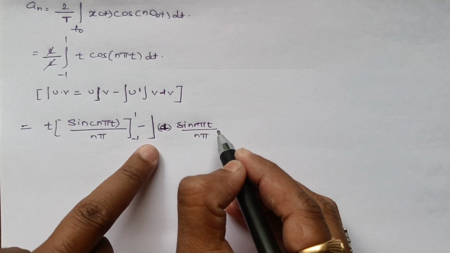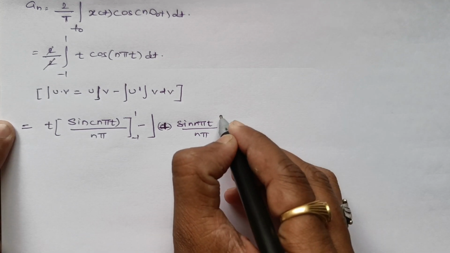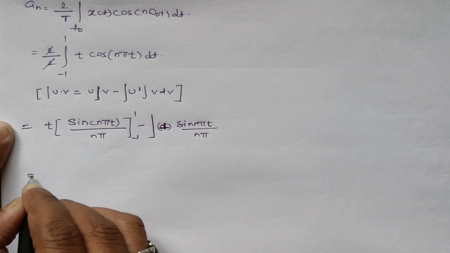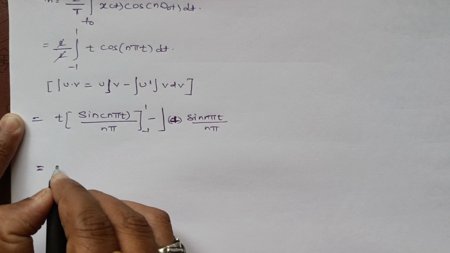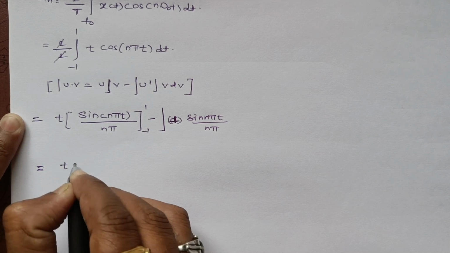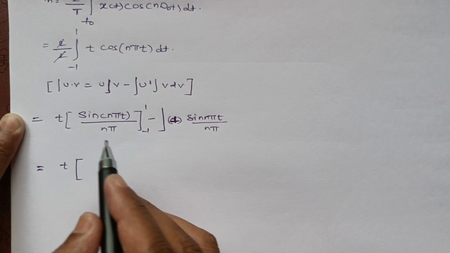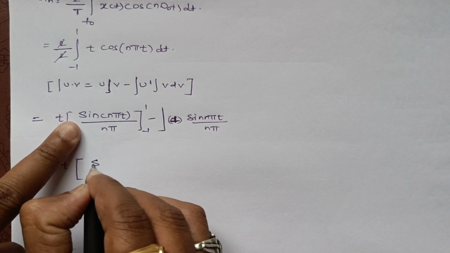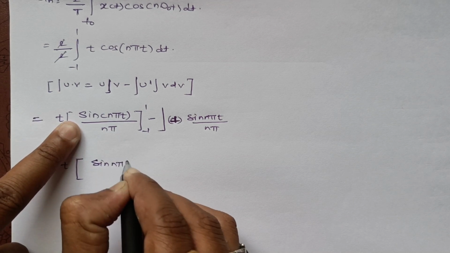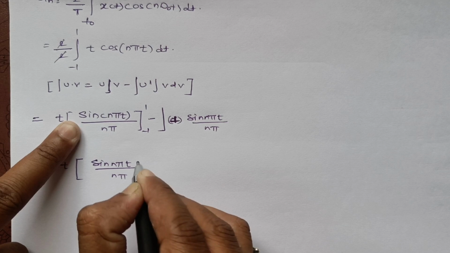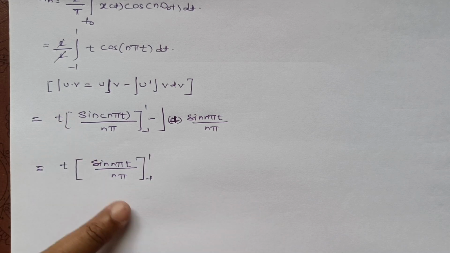Again we have to integrate one more time for this particular term. So we'll keep this as t into these terms, sin n pi t by n pi, with these terms.